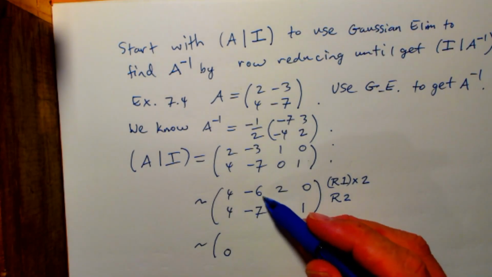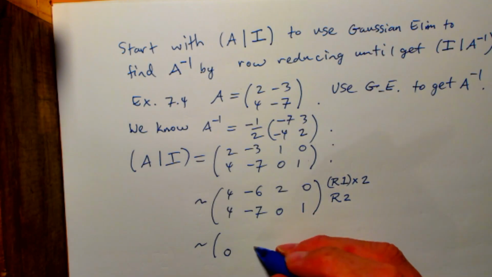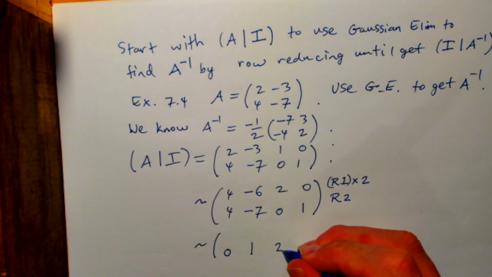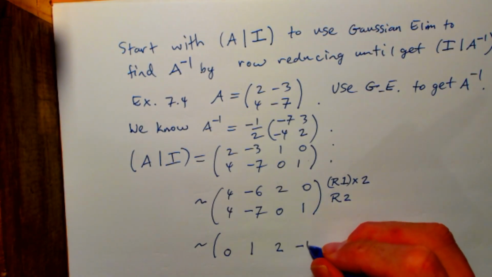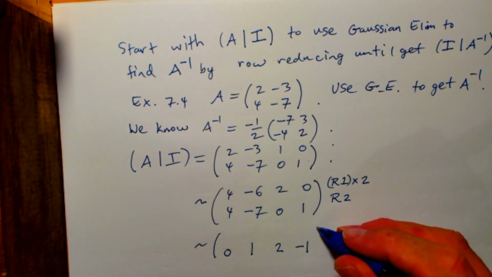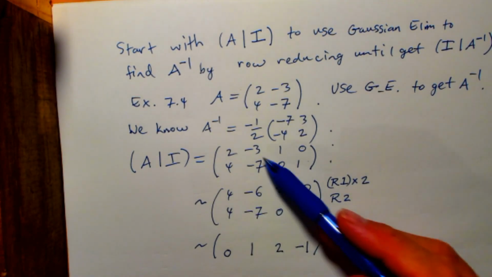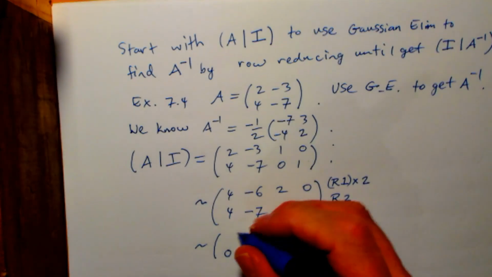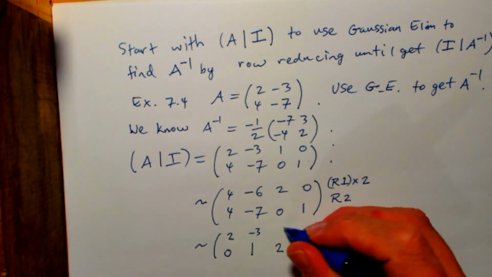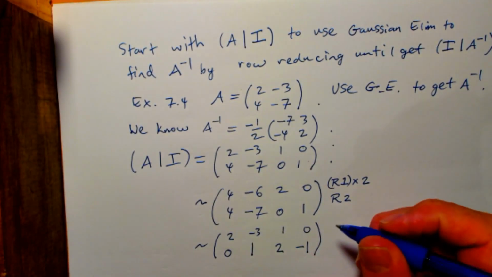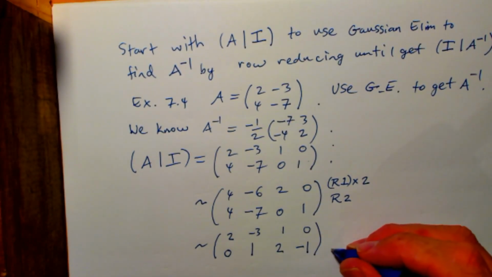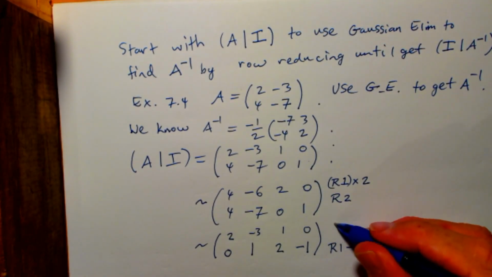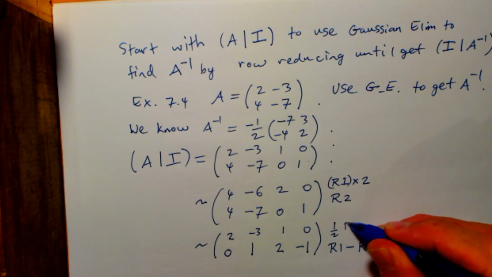Now, minus 6 minus minus 7 is 1. 2 minus 0 is 2. 0 minus 1 is minus 1. And then, at the same time, I want to take this back to its original form, which is just to divide this by 2. So 2, minus 3, 1, and 0. Okay, so row 2 was row 1 minus row 2, and row 1 is half row 1.